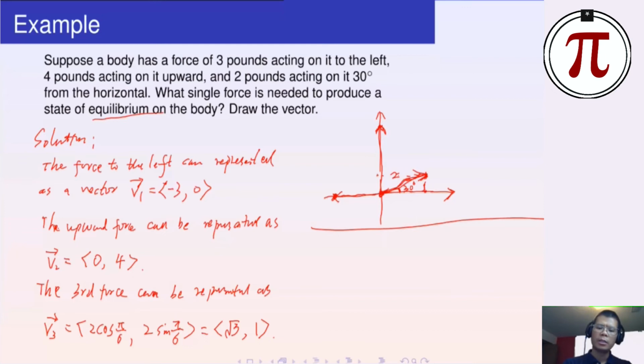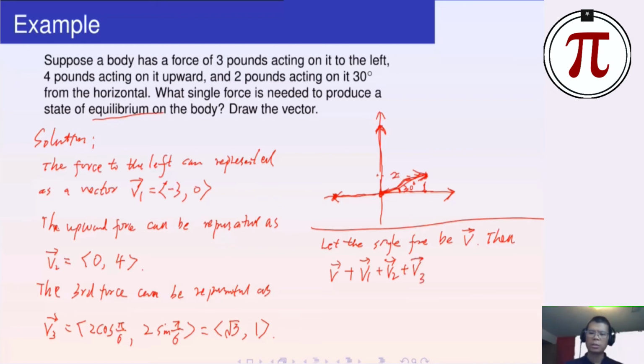Let the single force be V. Then V plus V1 plus V2 plus V3, the composite force, should equal 0, 0.